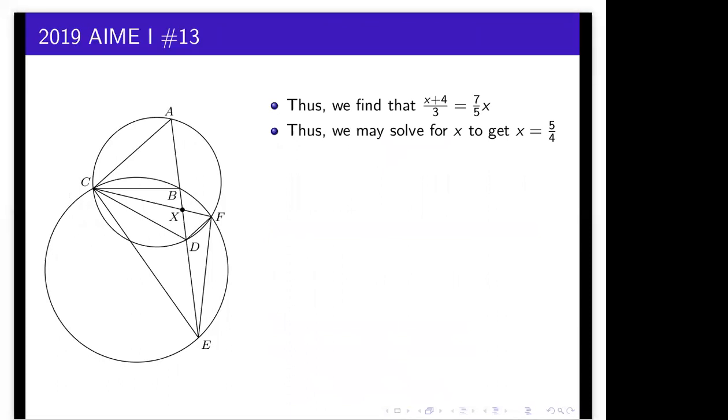Right, so if x is 5/4, we still haven't found y yet, because we want to find y so then we can find the total BE. So how do we find y now?